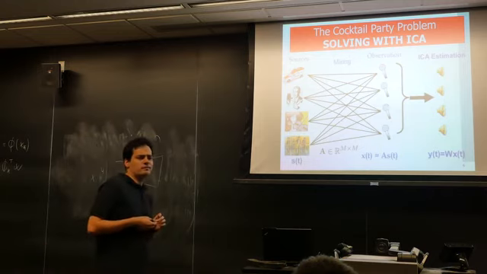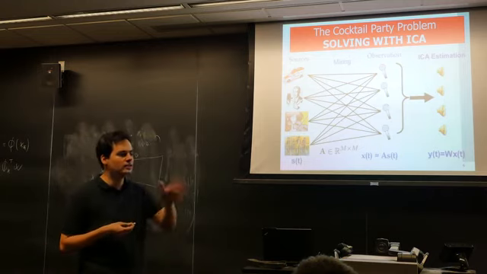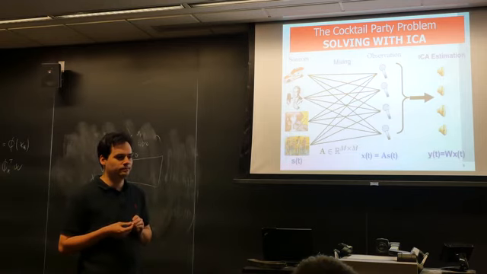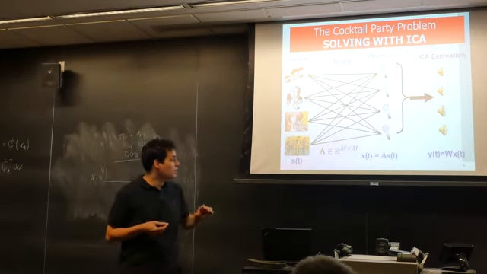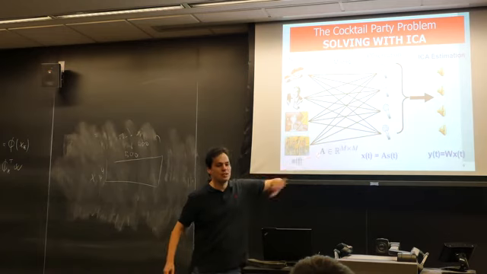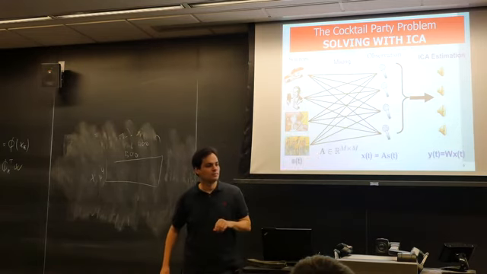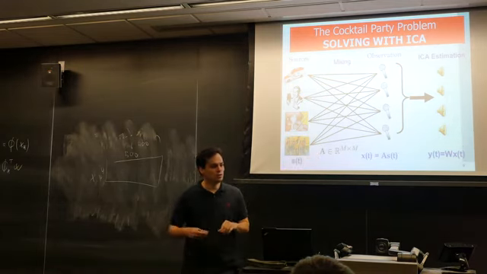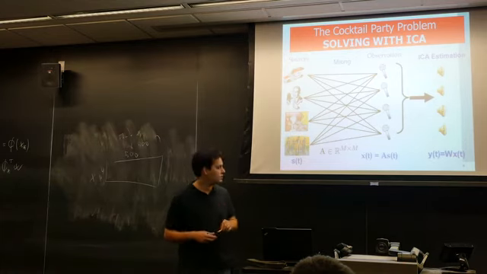But will it be enough? So I say I know the covariance of these guys. So imagine that in the mixing matrix, there's an orthonormal matrix as well. Then the covariance wouldn't change, right?